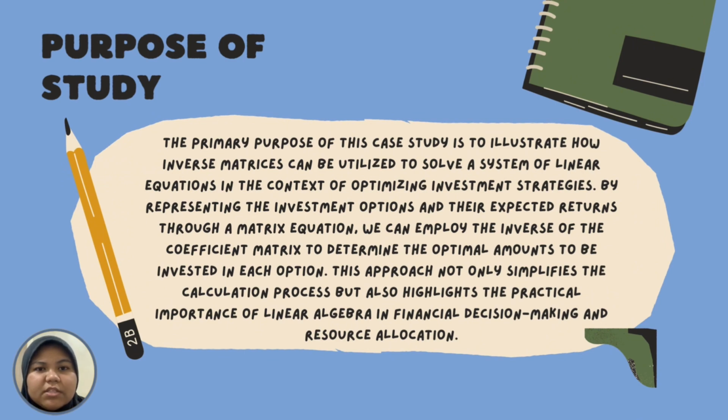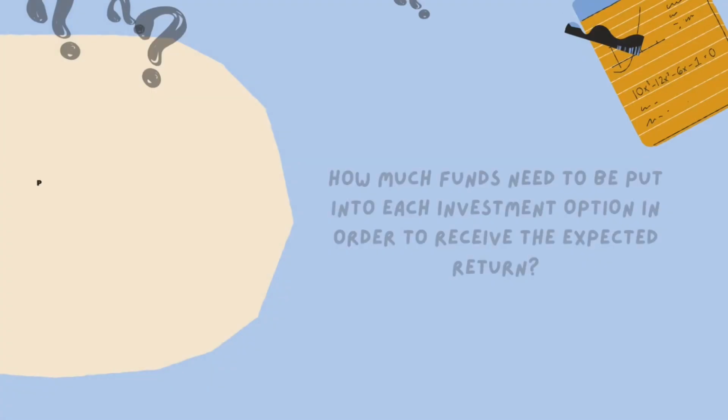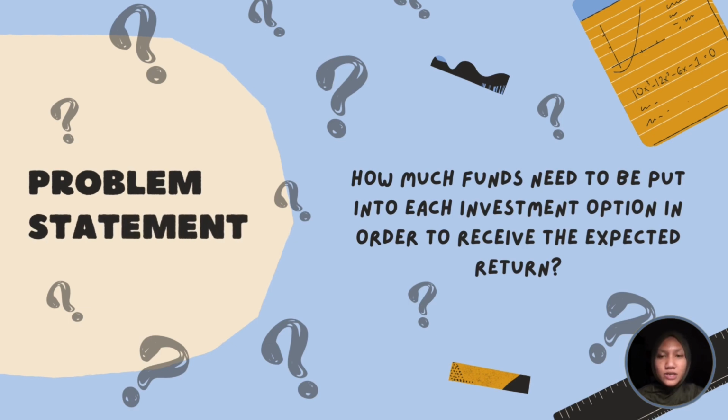This approach not only simplifies the calculation process, but also highlights the practical importance of linear algebra in financial decision-making and resource allocation. The problem statement of this case is how much fund needs to be put into each investment option in order to receive the expected return.